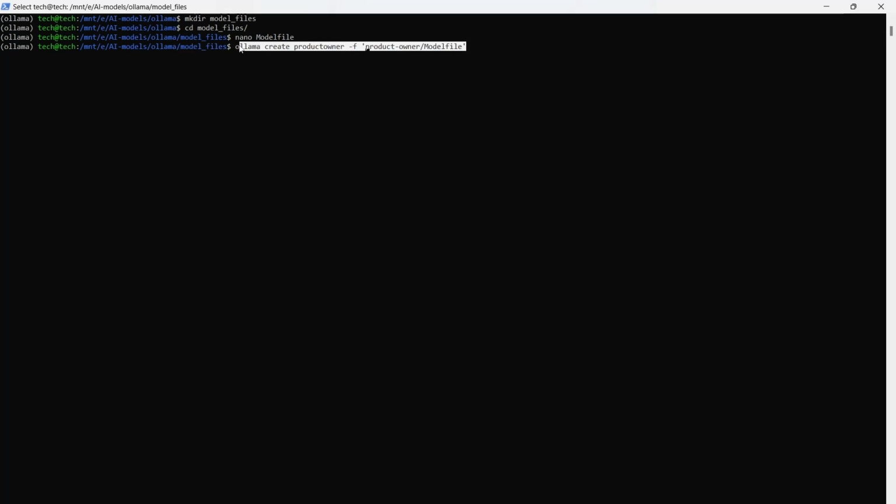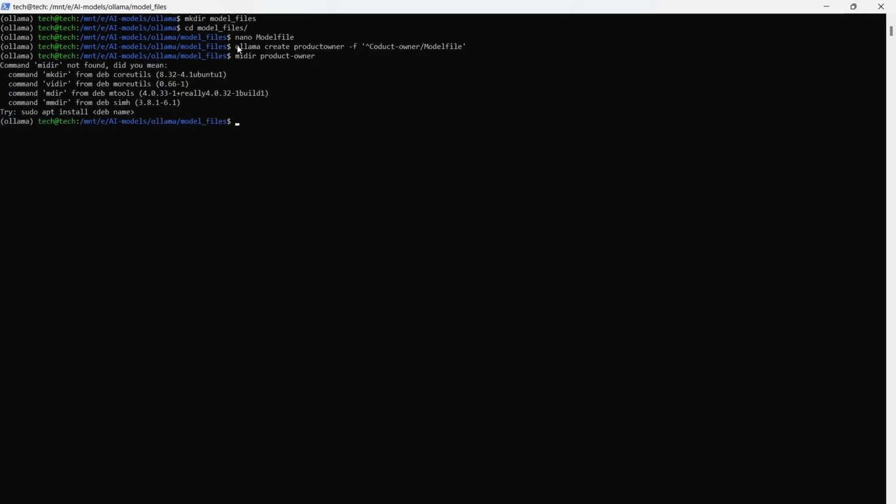Just going to copy this command, just for me the time to create this folder. So let's make the directory product owner. Okay, little typo as usual. Make dir, and we're gonna move our model file to that folder.